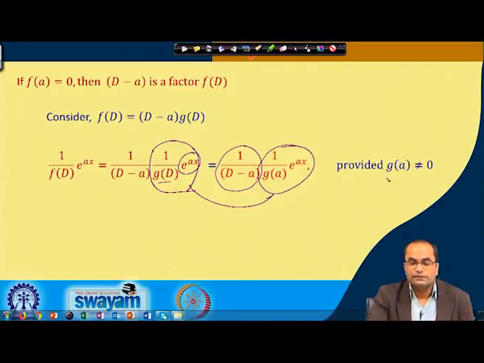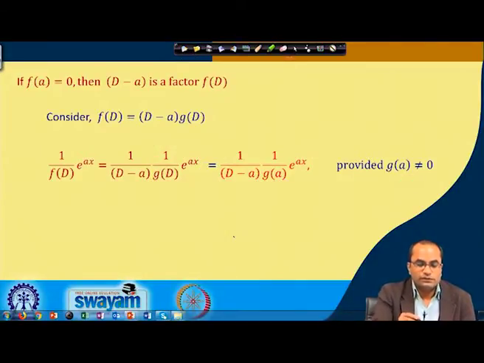So, provided that g(a) is not equal to 0, that is the assumption again. If this is 0, we will handle it in a similar fashion. We will take again this factor D minus a out of this g, and in the remaining we will again handle by replacing this D by a.